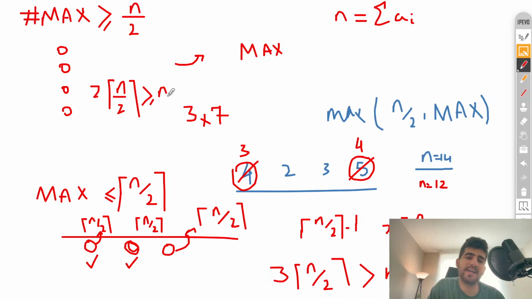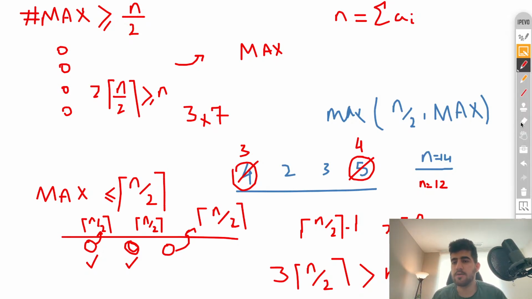When you add an additional n half to it, because n is positive and it is ceiling, it would definitely be strictly greater than n.